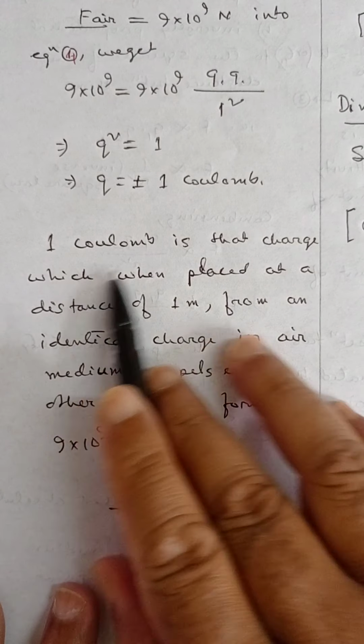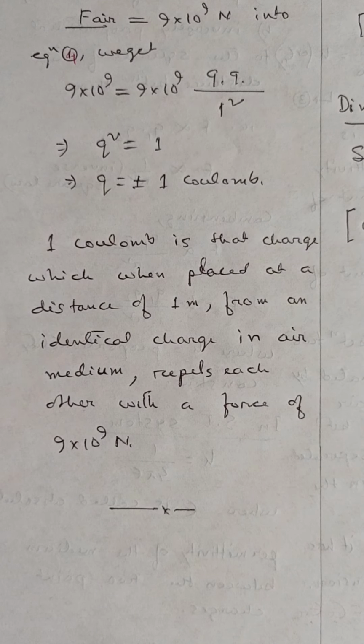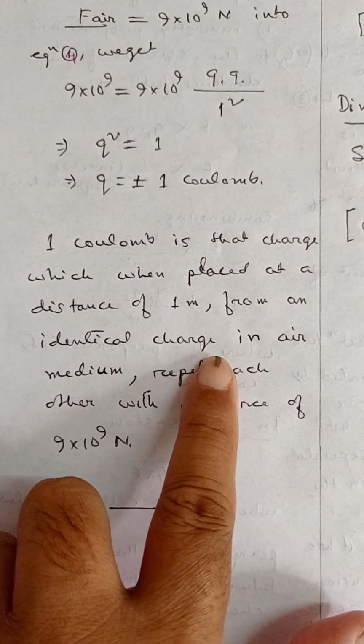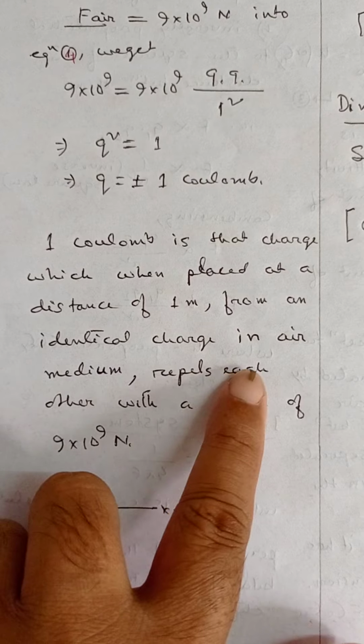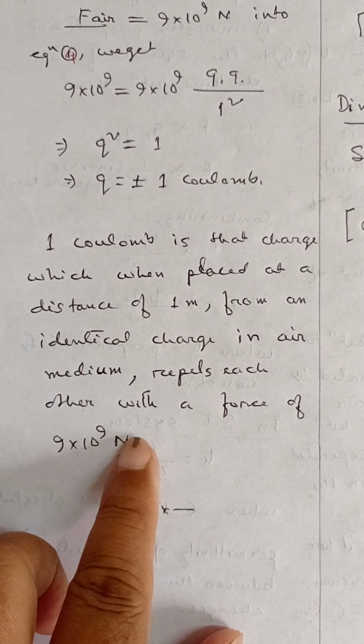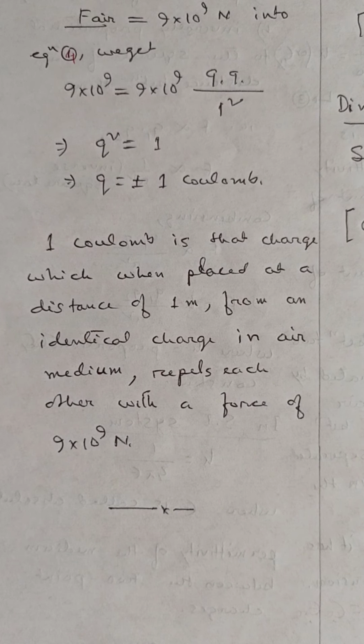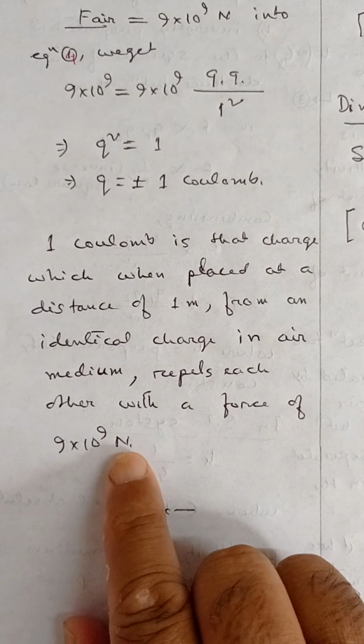So Q is 1. That means 1 coulomb is that charge which, when placed at a distance of 1 meter from an identical charge in air medium, repels it with a force of 9 into 10 to the power 9 Newton.